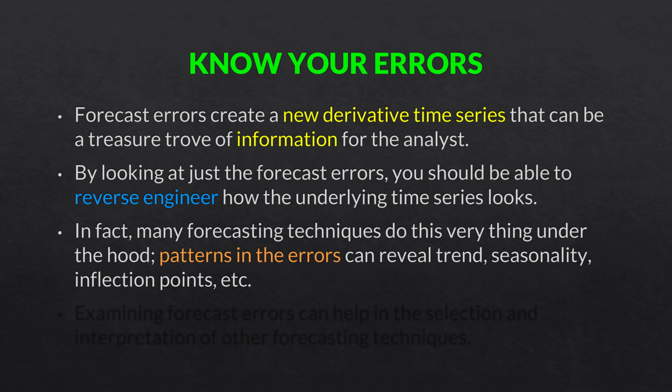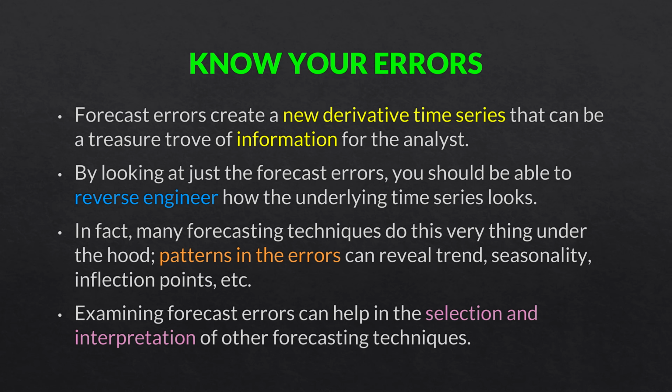In fact, many forecasting techniques do this very thing under the hood. So patterns in the errors can reveal trend, seasonality, inflection points, and so on. And examining forecast errors can help in the selection and interpretation of other forecasting techniques. So there is a ton of information in the forecast errors that you should analyze.